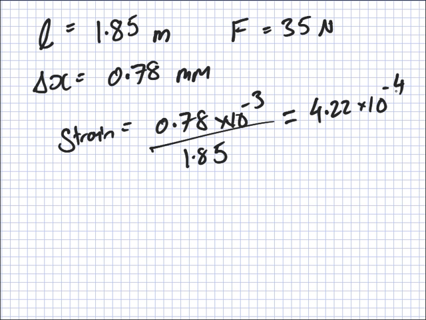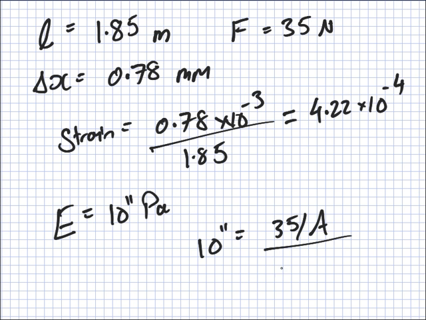Part 2 is what's the area if the Young's modulus is 10 to the 11 pascals. Young's modulus is stress over strain, and stress is force over area. So 10 to the 11 is force over area over strain.